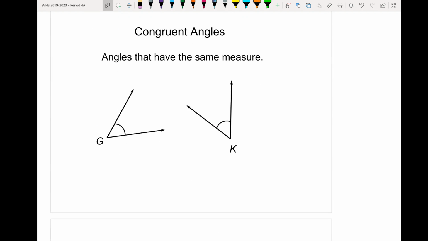Okay, two angles are congruent if they have the same measure. So, for example, if this guy was 40 degrees and this guy was 40 degrees, we would say they are congruent, still using the same congruent symbol from last class period. Now, those are marked in a drawing with angle arcs. So this arc here tells me that these two are congruent to each other.